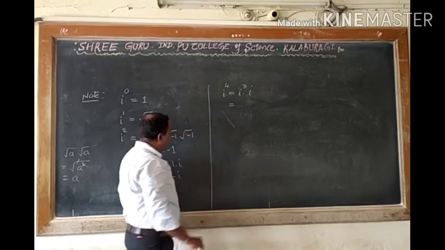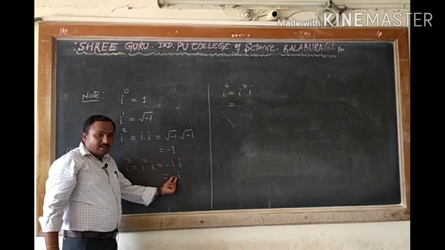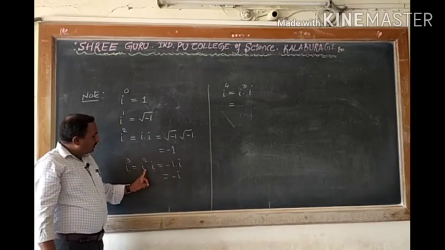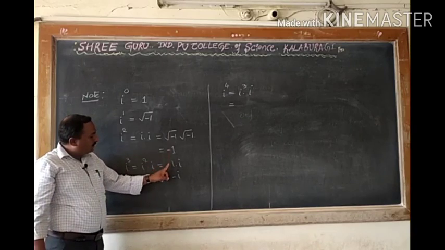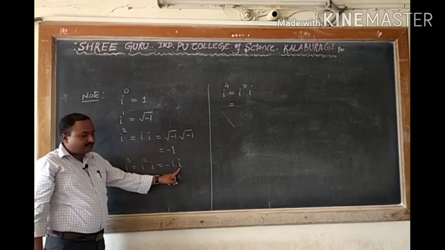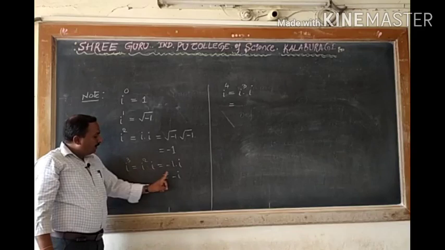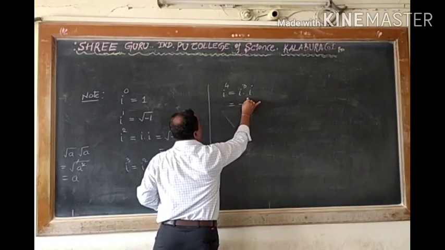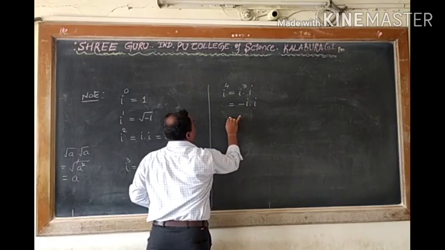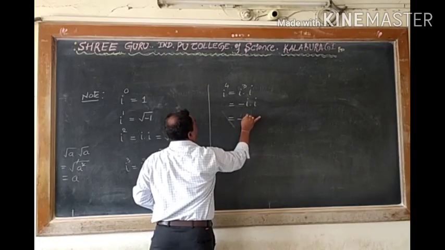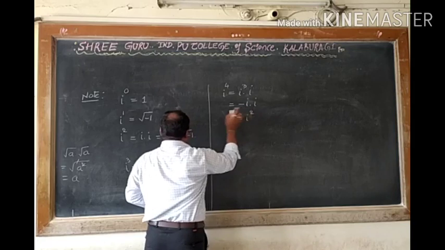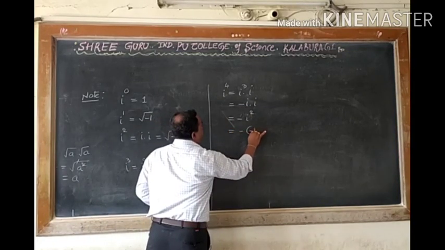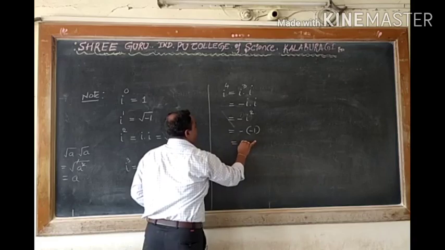The value of i cubed is the previous one, minus i. So it is minus i into i, keeping the minus as it is, that is minus i squared. The value of i squared is minus 1. Minus times minus is plus.